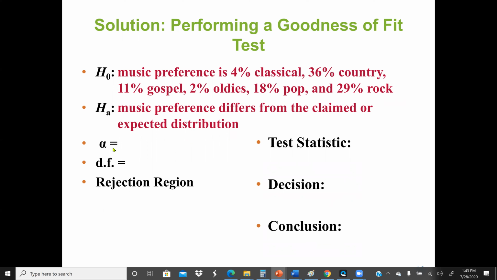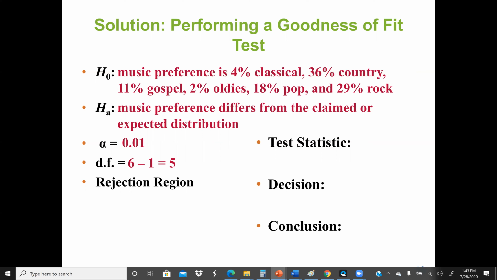Next, we have to specify the alpha value, which is given to us to be, again, 1%, 0.01. Since we have 6 musical categories, we can find the degree of freedom. In our previous T distribution, degree of freedom normally is the sample size minus 1 or sometimes minus 2, based on the type of distribution.